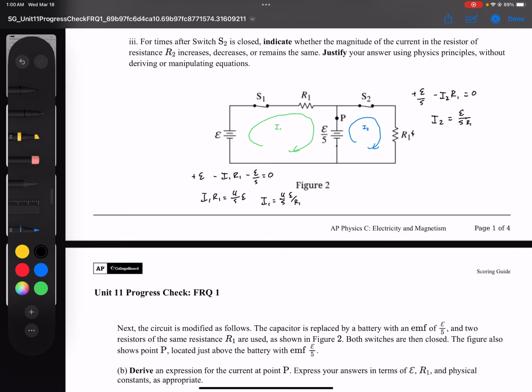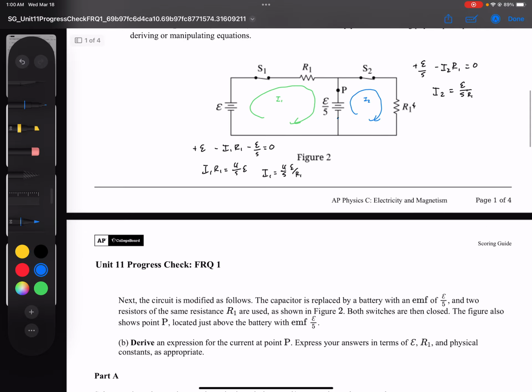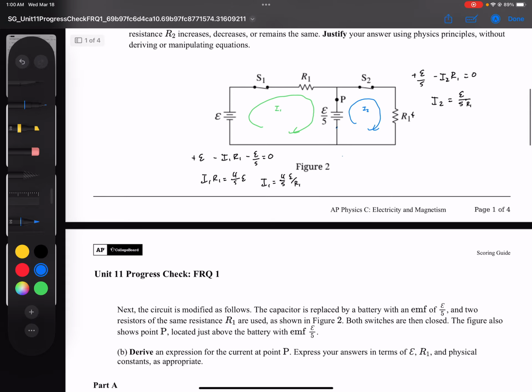Now let's look at what's going on for our current through point P. Through point P, I have a contribution of current from the right-hand loop going up, equal to epsilon over 5 R1. And then I have a contribution of the current from the left-hand loop going down with a magnitude of 4 over 5 epsilon over R1.